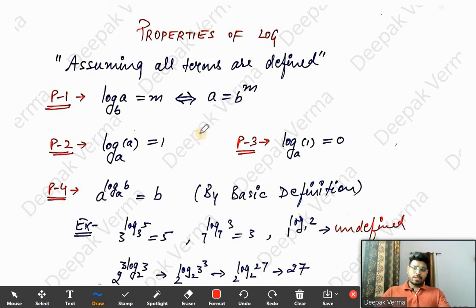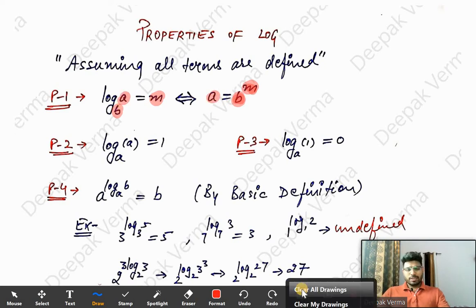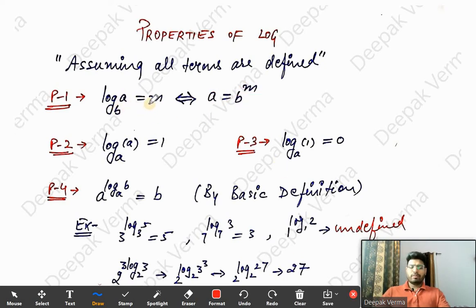Remember in the last lecture I told you how to memorize it whenever we go from log to exponential form. Here the base is b, base to the power right hand side is m, so b to the power m equals the argument a. This is not a property, this is a definition.